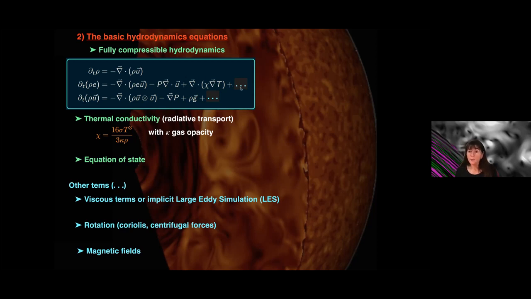Then I put here three dots, because you can also add other terms to the equations you want to solve. You can add viscous terms, or you decide to rely on what we call implicit large eddy simulations, where the numerical viscosity is set by the truncation error of your numerical scheme. And then you can add rotation and you can add magnetic fields.